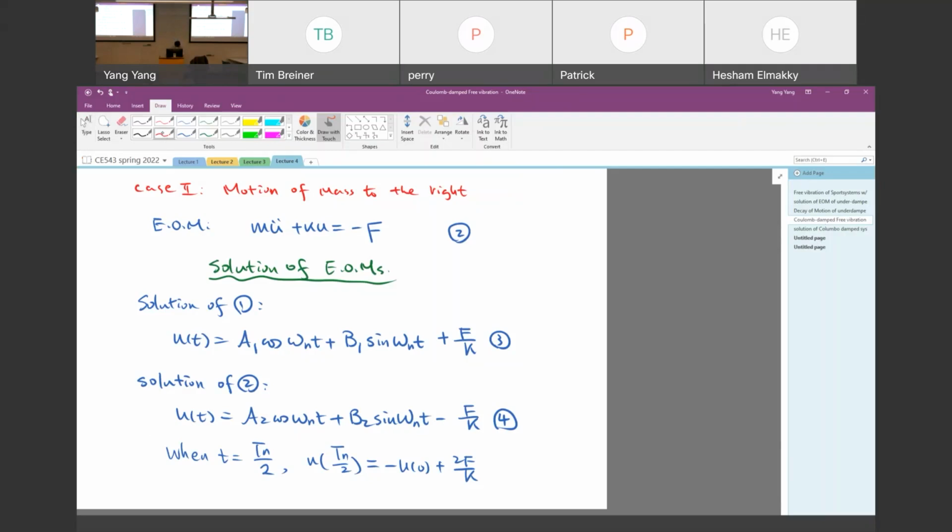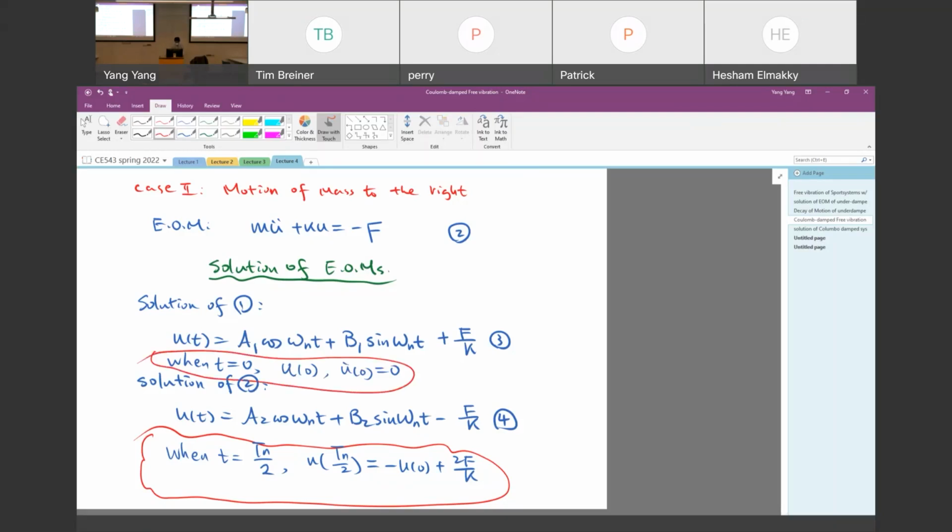The initial equation for equation 4 and for equation 3, we have just t equal to 0, the U0, is the initial condition for equation 3.